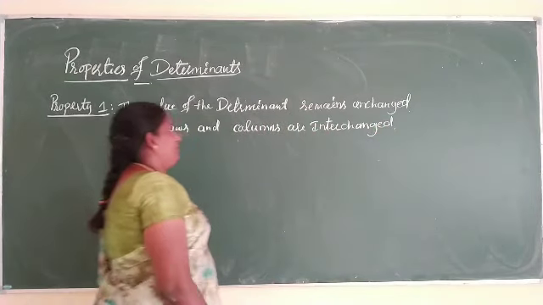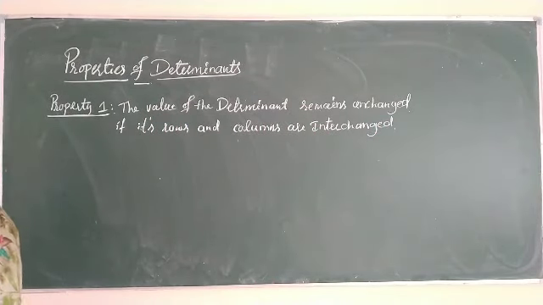This is the first property. The value of the determinant remains unchanged if its rows and columns are interchanged.